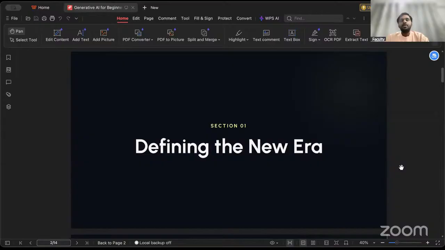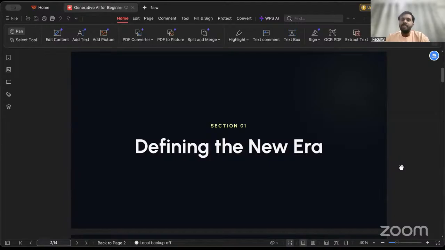We all are using generative AI applications like LLMs, including ChatGPT, Gemini, Kimi, and a number of tools.